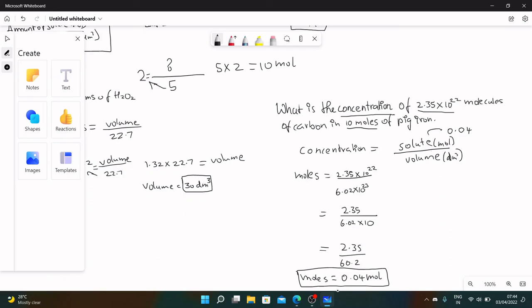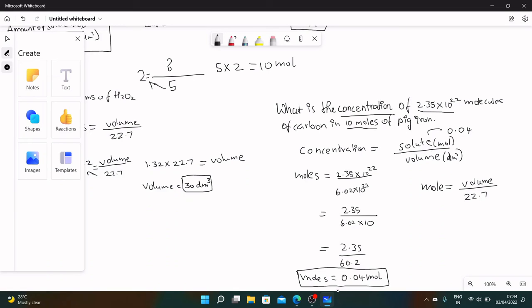Now we need a value for dm cube. We need to convert this 10 moles to dm cube. First, we need volume. Does the volume formula have moles in it? Yes, it does. The volume formula is mole equals volume by 22.7. I recommend you have all the formulas next to you so that you can quickly look at them and get an idea on how to solve it.